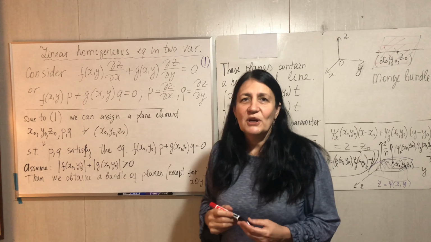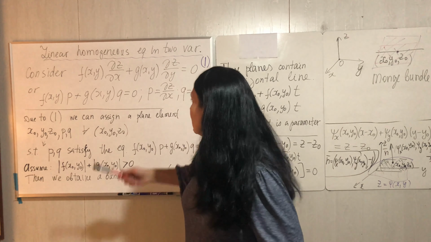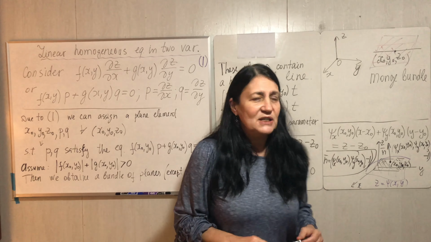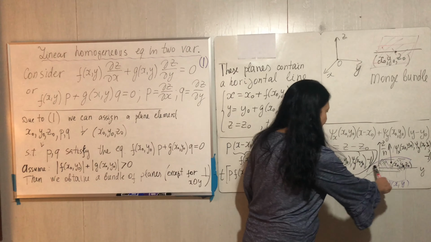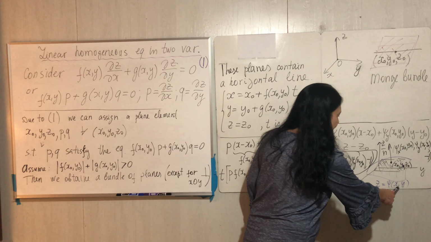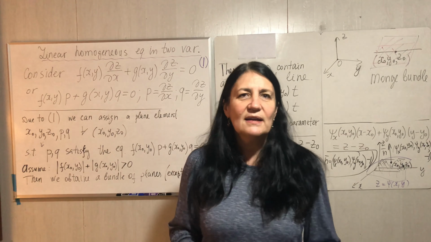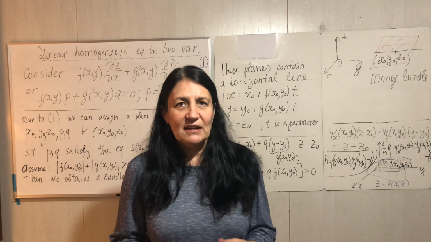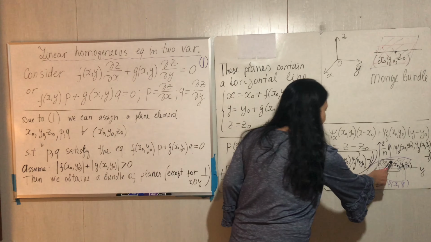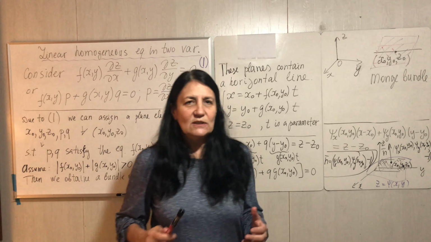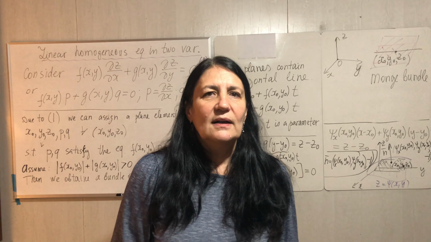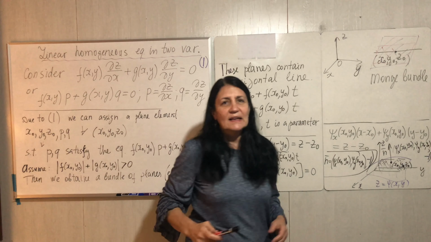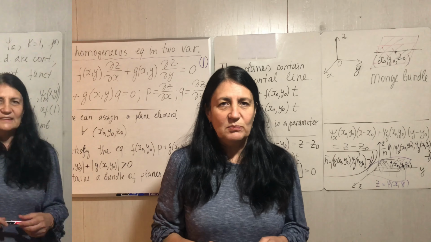So geometrically, an integral of our equation 1 is any continuously differentiable surface z as a function psi of x, y, such that at every point x0, y0, z0, it has one of the planes from this bundle as its tangent plane.